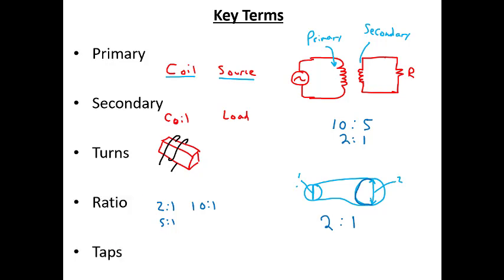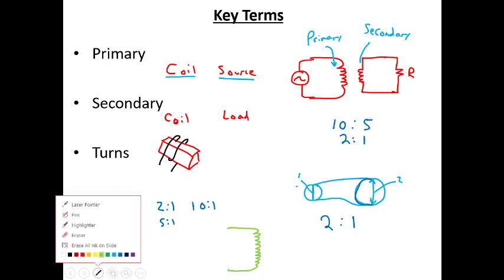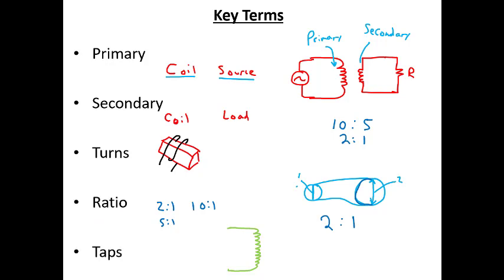When I have a coil of wire, let's say that I have a really long coil of wire, and pretend like these are all my turns. When we get to more advanced transformers, they'll have multiple taps on the transformer. So maybe we could make a connection to the transformer and cover the entire transformer. That would be all of the number of turns. Let's say that this has maybe 50 turns.